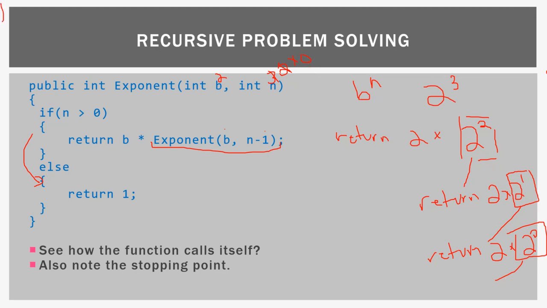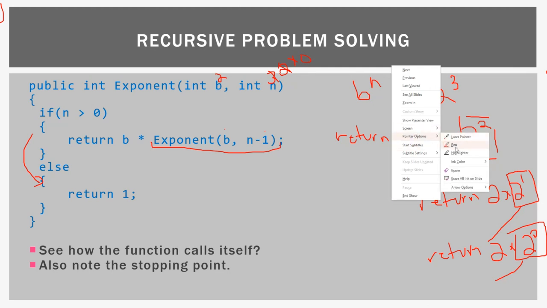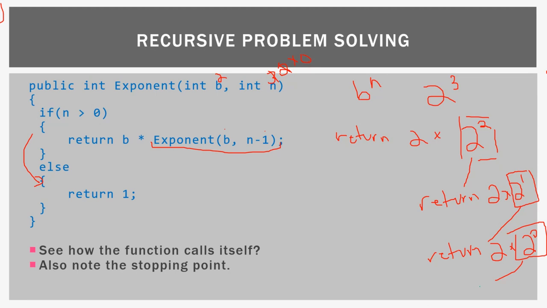So now is when we can start to dig back up. If 2 to the 0 returns 1, that means this thing is a 1. Now we're doing 2 times 1. Well, 2 times 1 is 2.